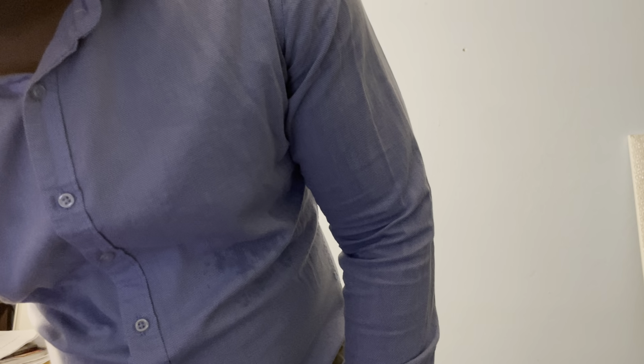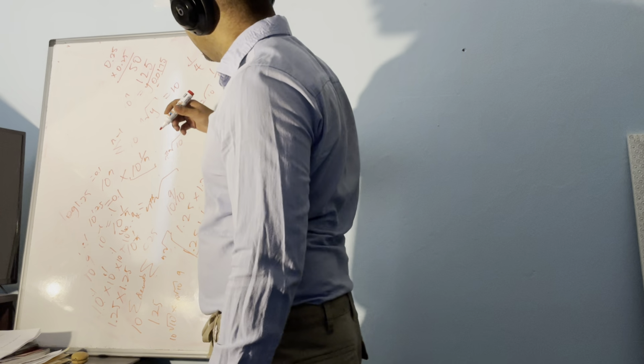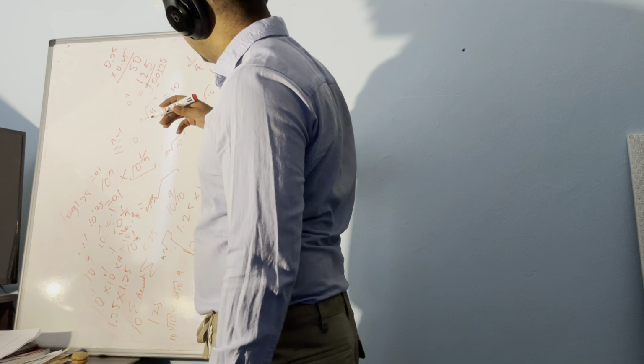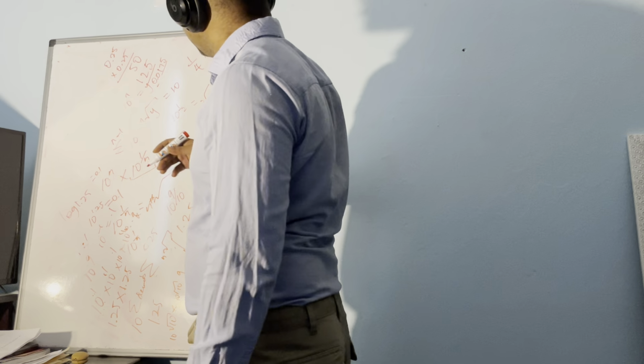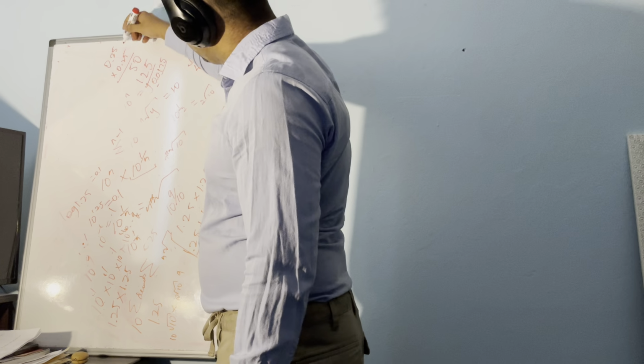And then the next thing I want to check is 0.25 times 0.25, which is 0.0625.